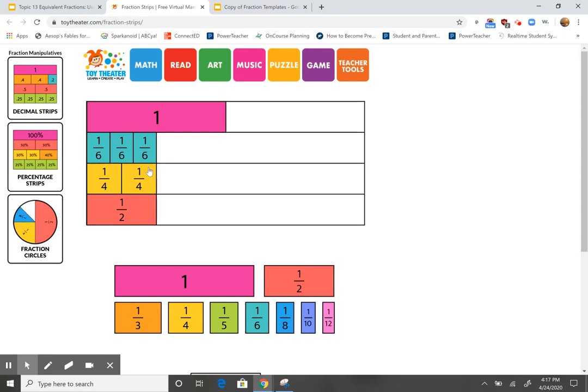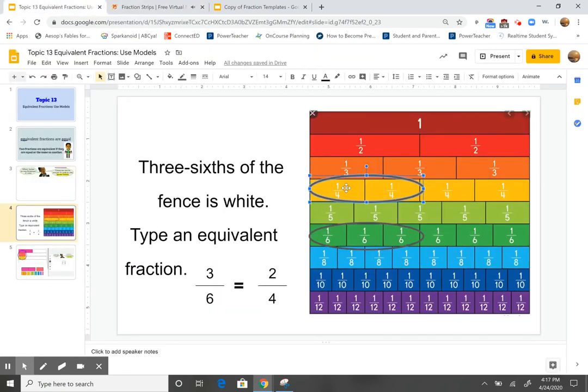One thing to be sure of, do not touch any of these. I would not use the fraction circles. It's very confusing, and we're focusing on our fraction strips, and that's what these are. To take them out, you just pull them down, all right? My recommendation to you is to use these fraction strips that are on the page.